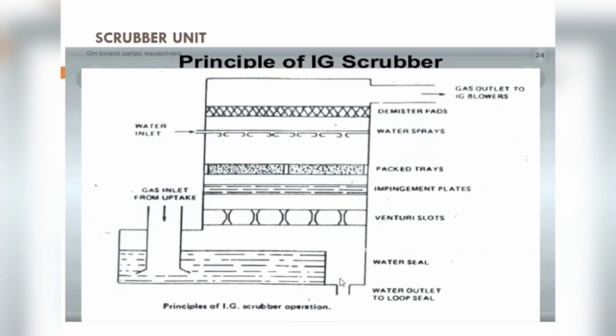Those who have worked on a tanker or crude carrier, while discharging, if you go towards the engine room side and look overside, you will see some black water coming. Has anybody observed this? Yes, sir. That black water is coming from the scrubber tower. Why is it black? Because of the solid particles, the soot, the sulphur. Sometimes it's so black it looks like oil coming out.